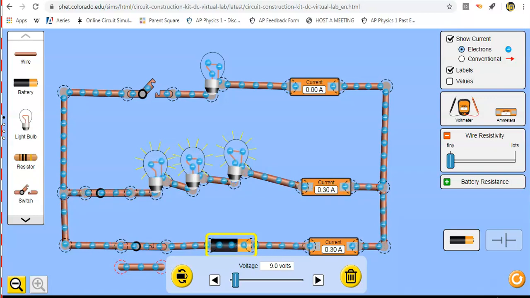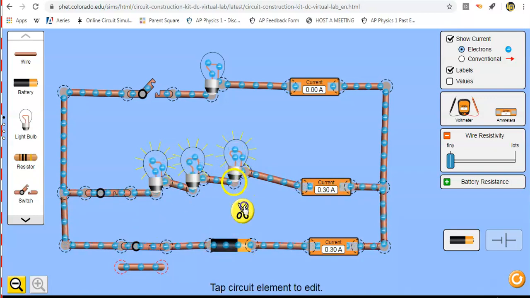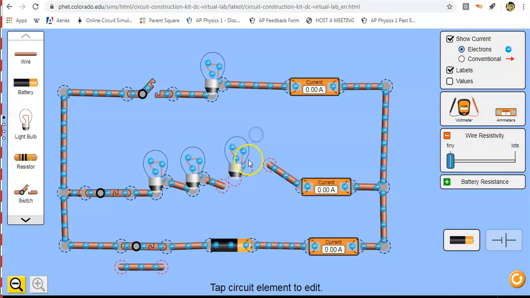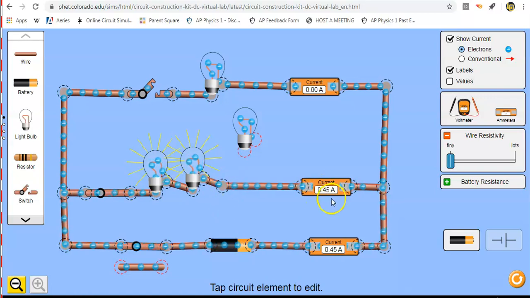So 0.3 amps. And if I were to remove this guy again, then instead of having 30 ohms, we would only have 20 ohms. And so 9 volts divided by 20 is the same as 0.45.